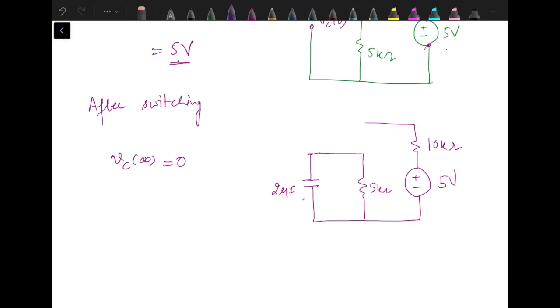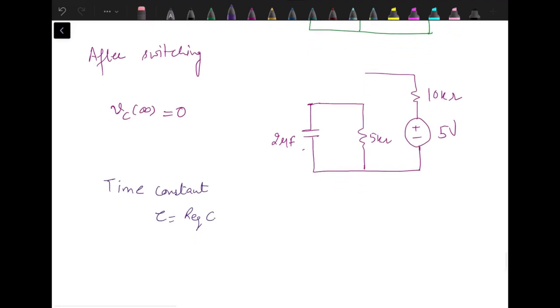We also need to find out the time constant for t greater than 0. Time constant tau is R equivalent into C. Now from after switching conditions, 5 kilo ohm, these are the capacitor terminals, 10 kilo ohm, voltage source needs to be replaced by short circuit. Here we need to calculate R equivalent.